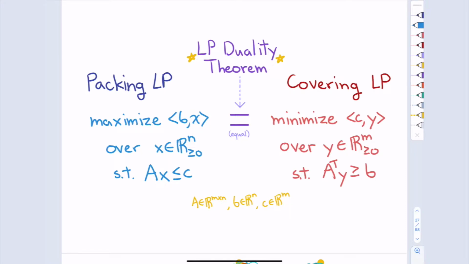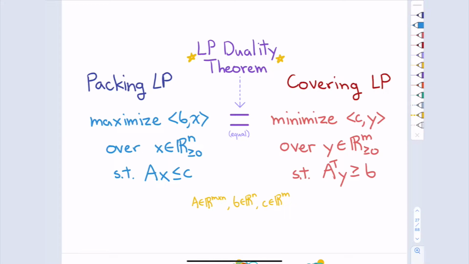Now, I was careful about the notation. Here we see b in the objective on the packing side, and b is on the constraint side over here. Here we see c, like capacities on the packing side, and they're now in the objective over there. They're like costs.